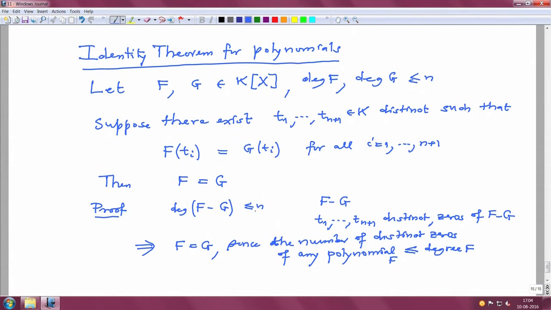Here the degree could be even smaller than n, and there are at least n plus 1 distinct zeros. So this is very simple.